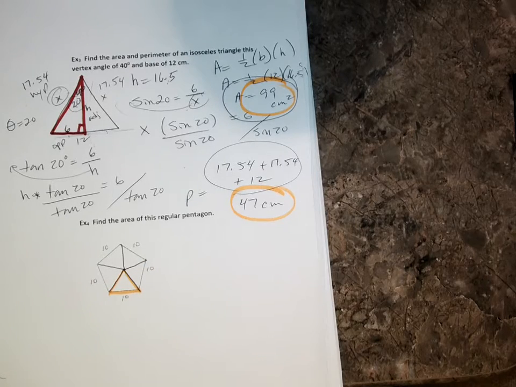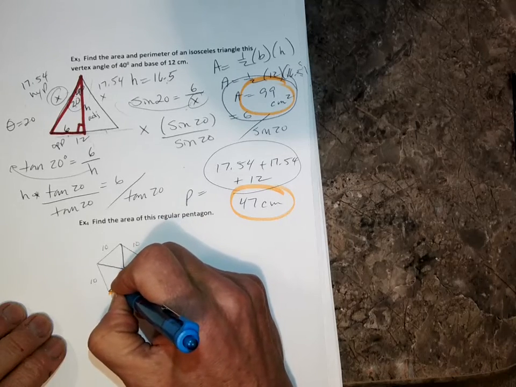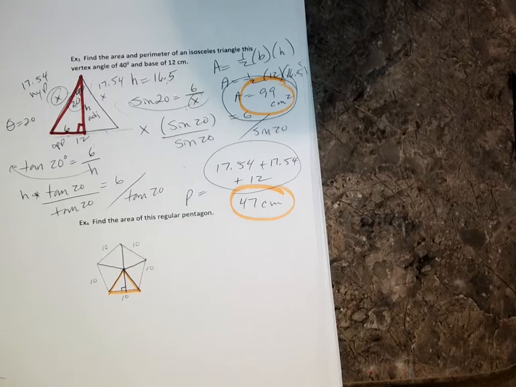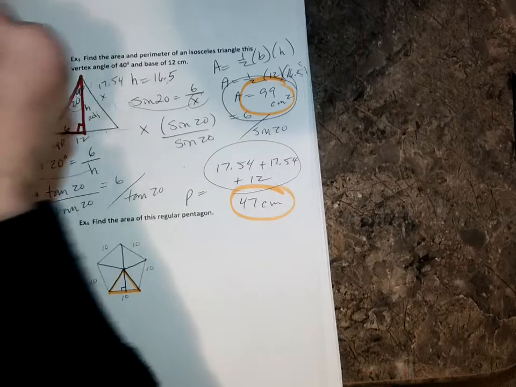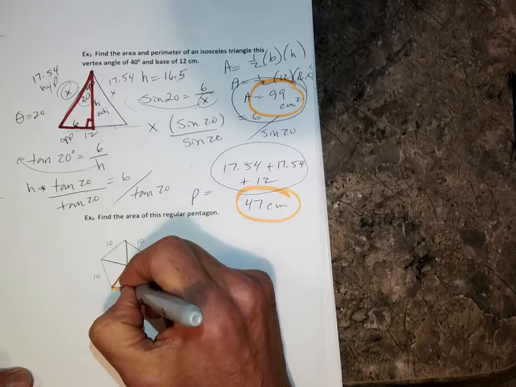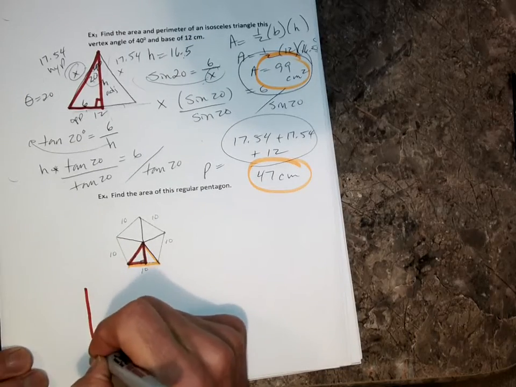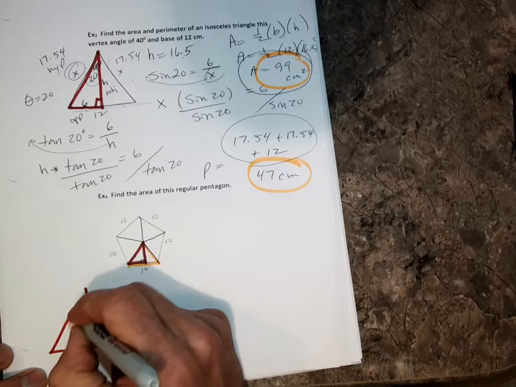Okay, what I want to do is look at a right triangle. So I'm going to cut that in half. Okay, so I'm going to really work with just this triangle.